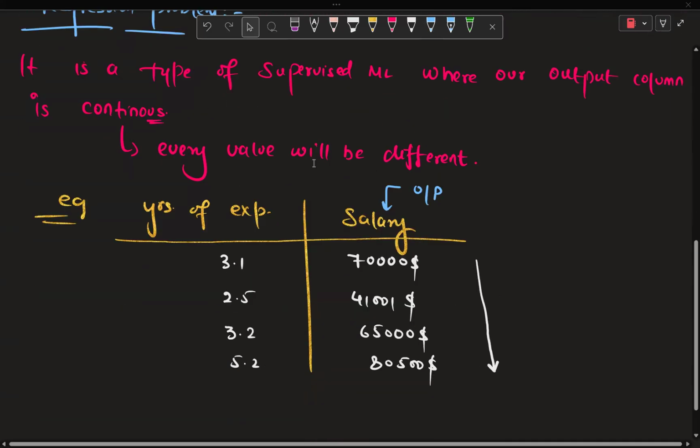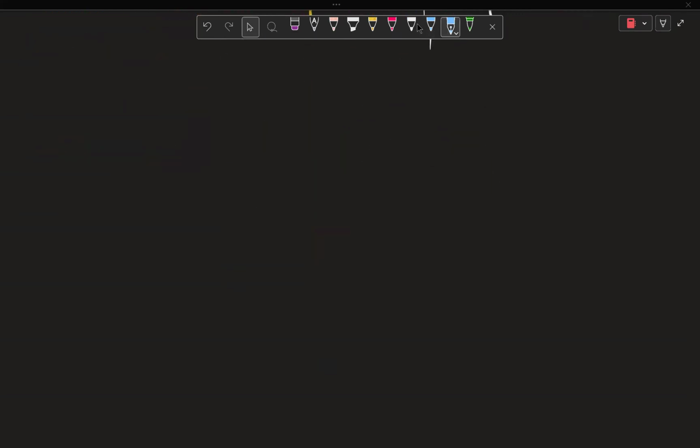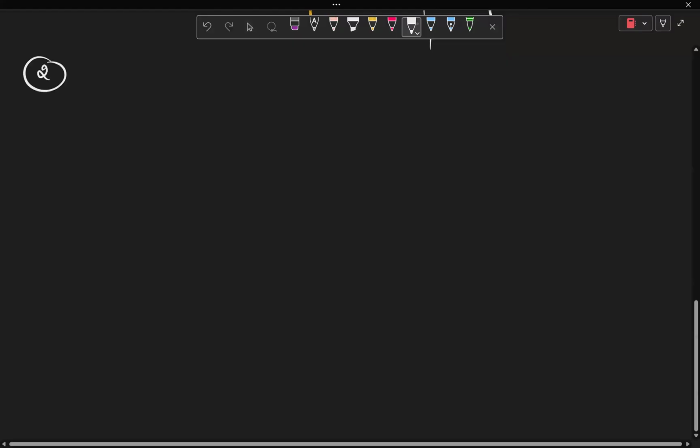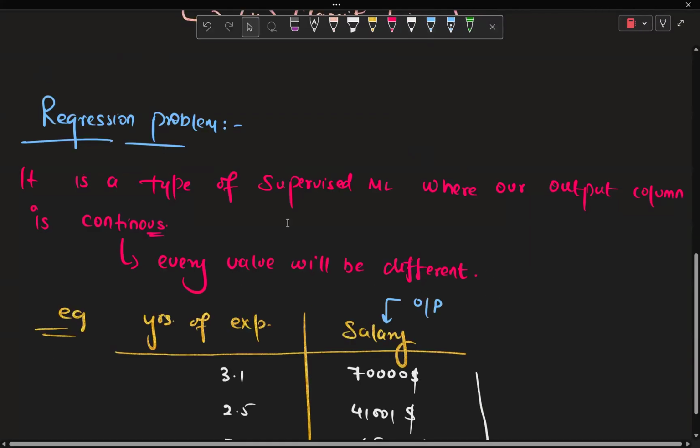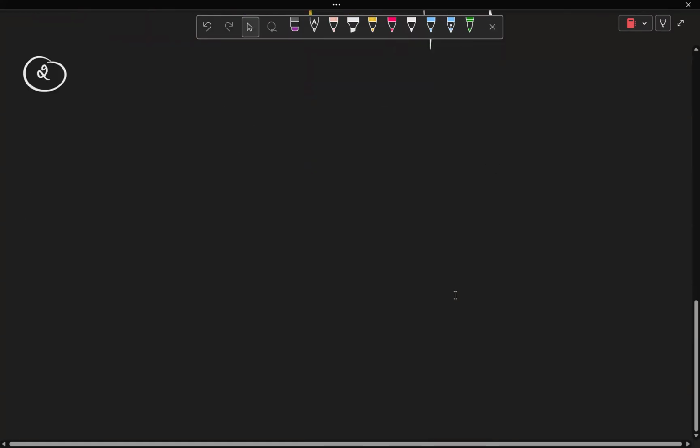So regression means, guys, your output column will have continuous data. And this is called regression. Then you have something called a classification problem. Because supervised machine learning means two things, regression and classification. So what is the meaning of classification?